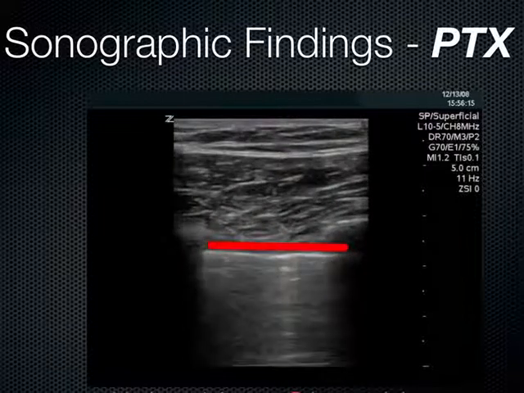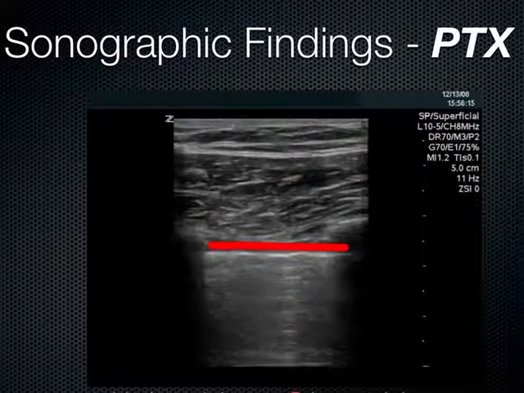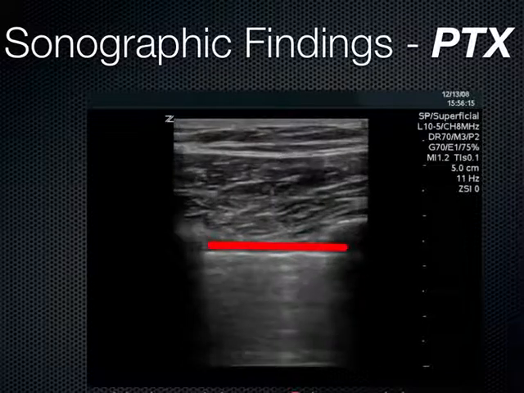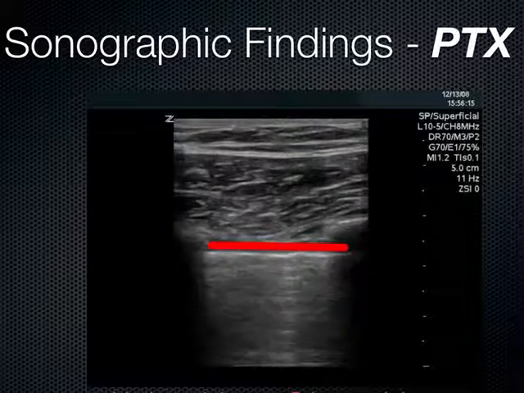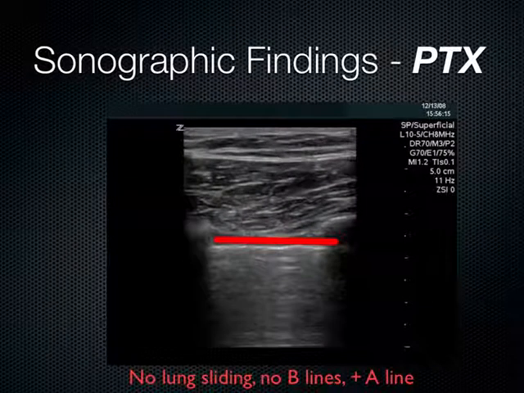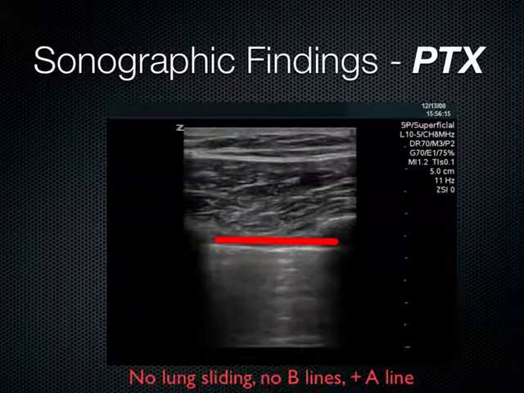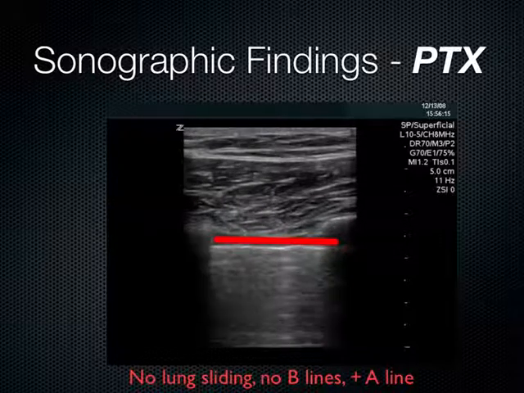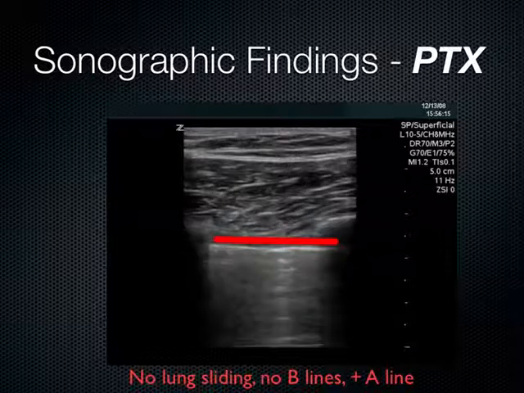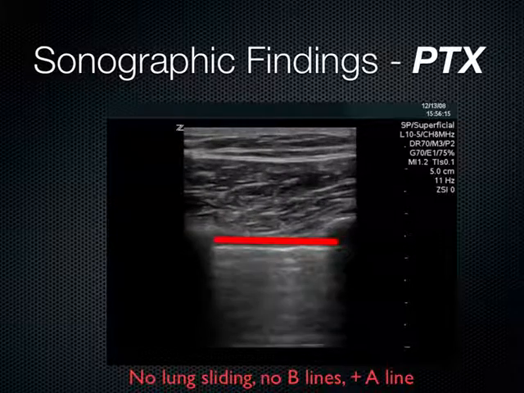What we have here is no sliding at this interface, no B lines, small B lines going back and forth, and we do have an A line because this is A for air. A lines can be seen in either aerated lungs or in pneumothorax. It doesn't tell you where the air is. It can be either in the lung or outside the lung, but it does tell you there's air.